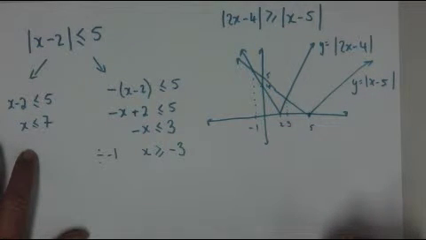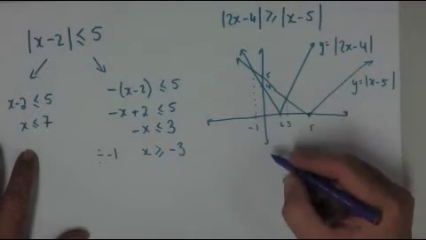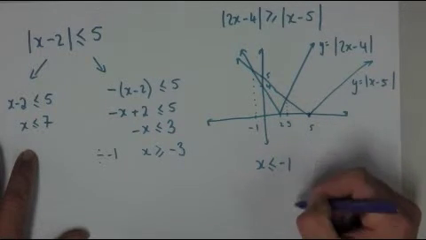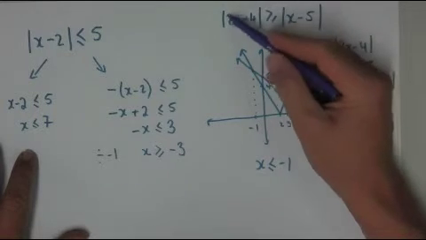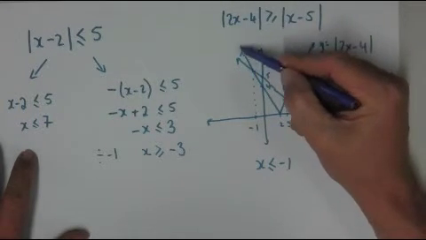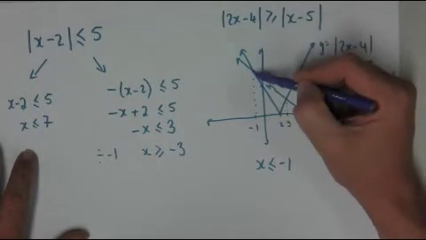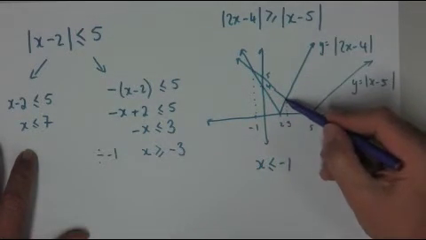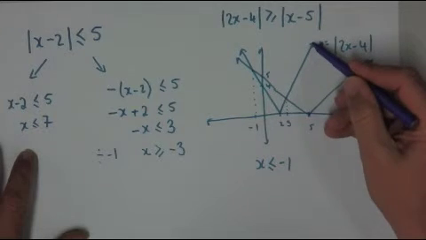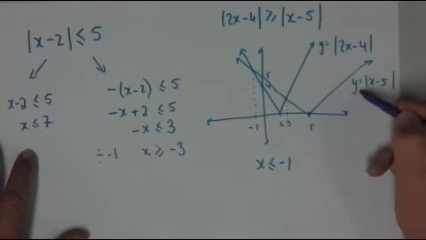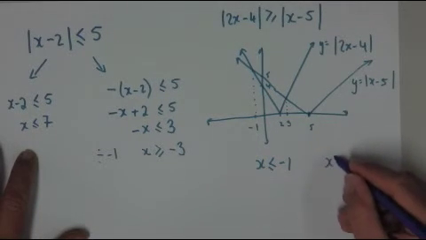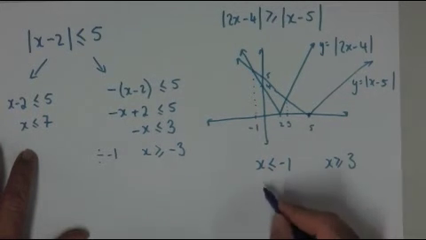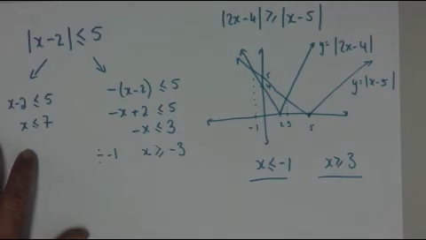And so if we look at this, for everything less than or equal to negative 1, this graph here is going to be above, so greater than or equal to the other one. And likewise, from everything this side, this graph is going to be greater than or equal to that one. So we also have x greater than or equal to 3. So those are your two solutions for that situation.